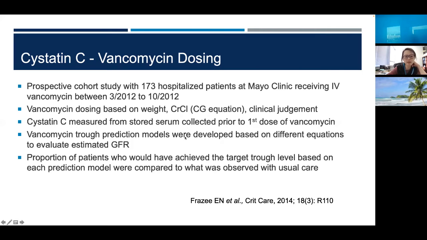Vancomycin dosing was based on the patient's weight, creatinine clearance using the Cockcroft equation, and clinical judgment. The target vancomycin trough was either 10 to 15 or 15 to 20, depending on the severity of the infection. For patients with osteomyelitis, endocarditis, or bacteremia, they used a goal trough of 15 to 20.